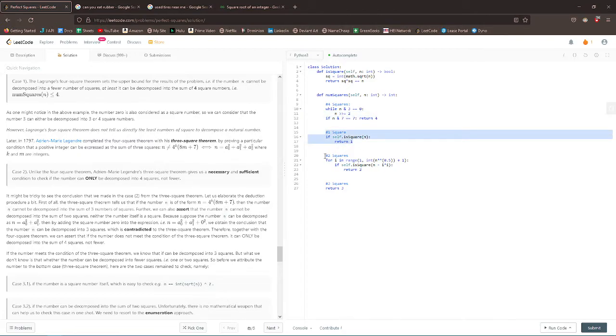So let's look at the sum of two squares. What this one's doing is iterating through. Immediately we can see it's calling is square. So however many times this loops, it's calling this function, which itself is log base 2 of n.